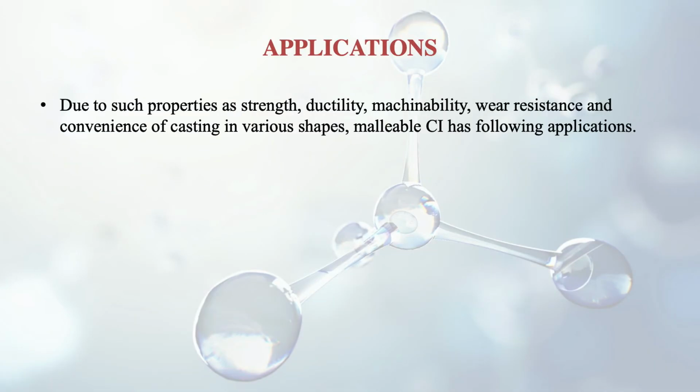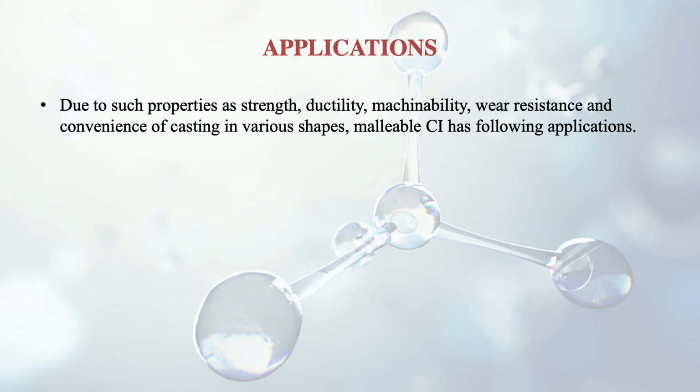This malleable cast iron can be made in the form of sheets, and it can be used for various purposes. It has properties like greater strength, ductility, machinability, wear resistance, and also the convenience of casting in various shapes.